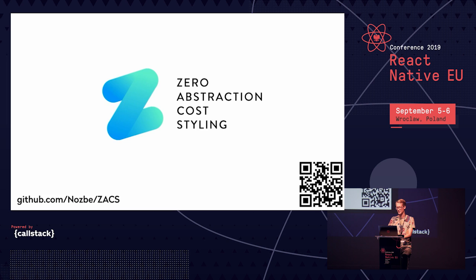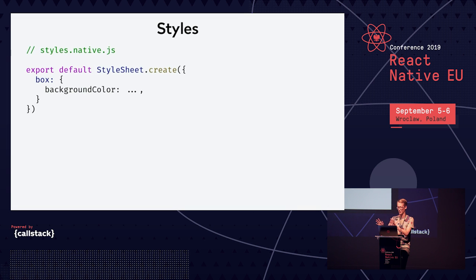All right, where's the catch? OK, there's a catch for now. We'll get back to it later. But the way the project evolved, we currently have two different styles for two different platforms. So unlike popular CSS and JavaScript styled components-ish libraries, Zacs is just the JavaScript part of component styling.